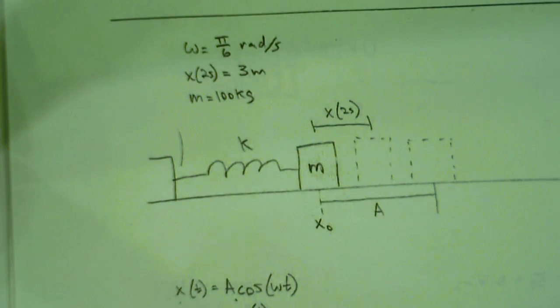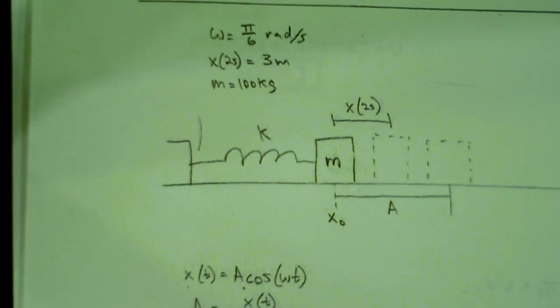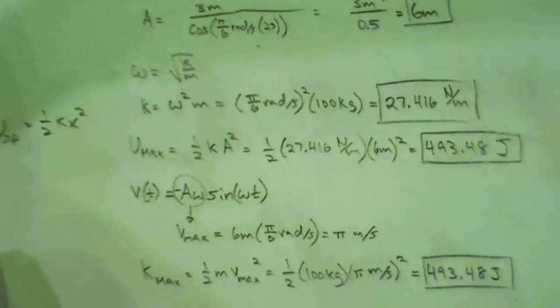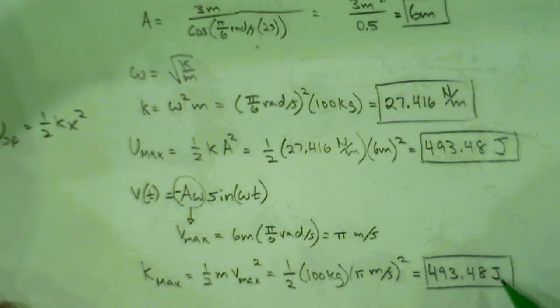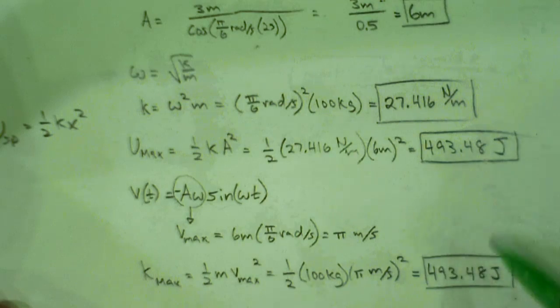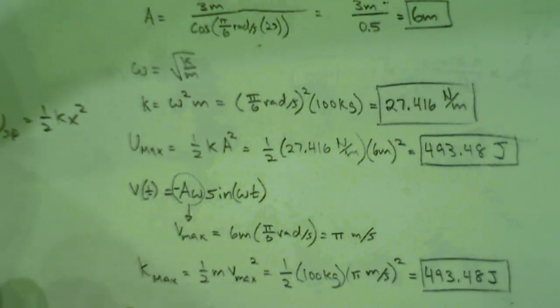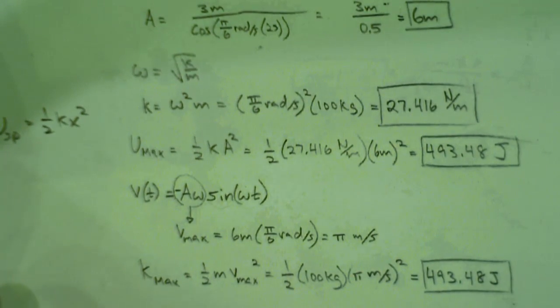Since this is a closed system, can't you just say that there's no energy lost between maximum potential and maximum kinetic and just say they're equal to each other? Okay, so we're going to get to that. And when we do the maximum kinetic energy, we notice that we get the same exact value, right? And for the reason you said, it's a closed system. There's conservation of energy.